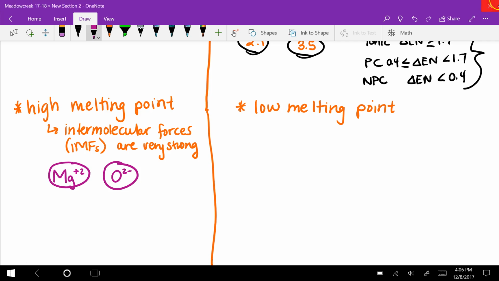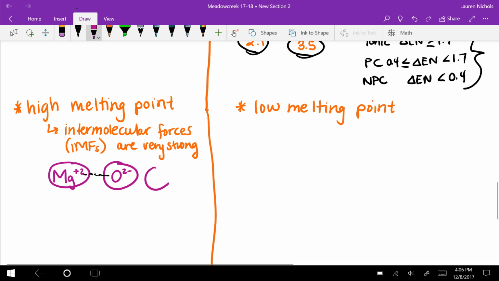Okay, well, there's going to be this attraction between this positive and negative charge, but we know that you don't only have one formula unit or one unit of magnesium oxide in any given sample. You're going to have millions of these formula units. And so what if it's got neighbors?